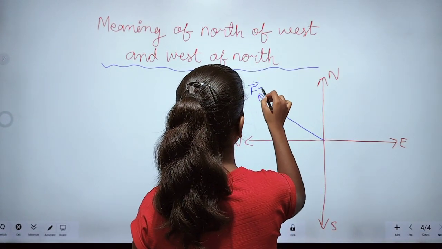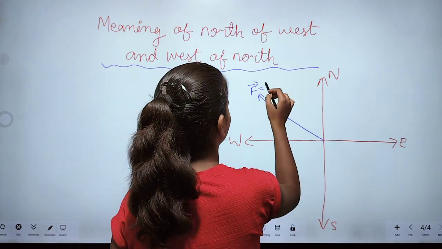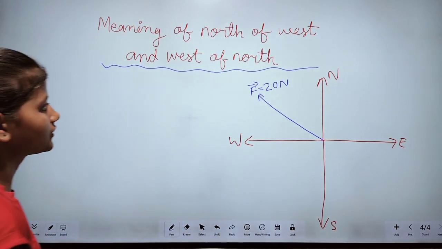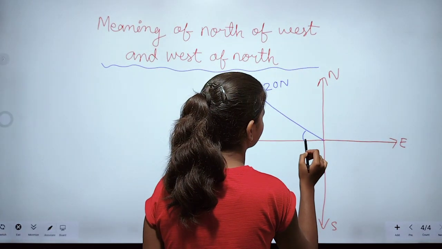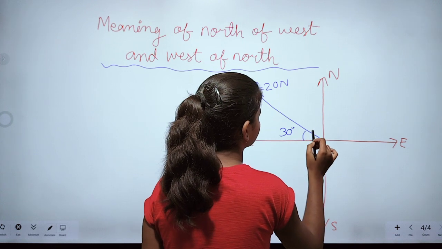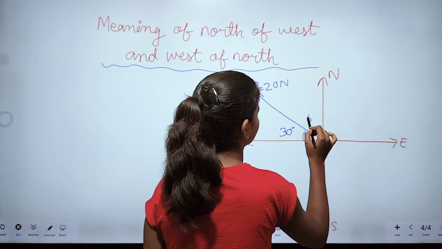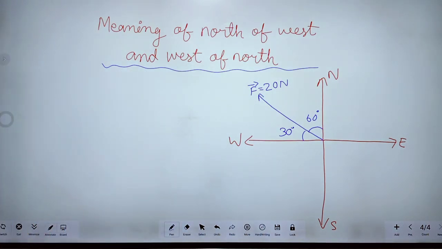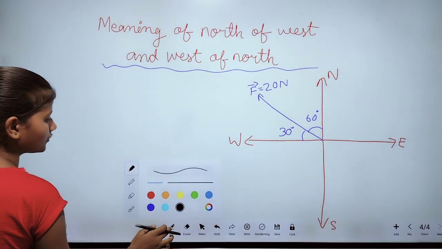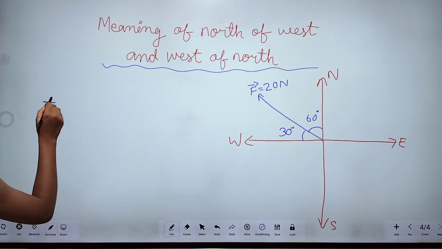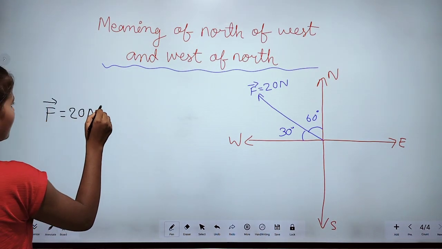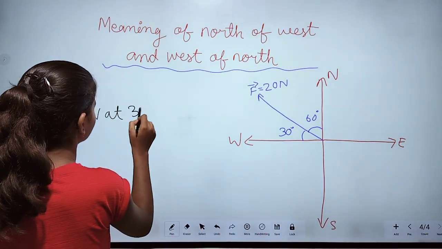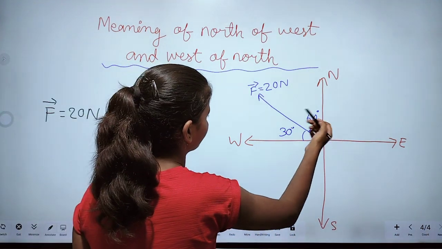So the vector is equal to 20 Newton, and this angle is 30 degree and this angle is 60 degree. Now we write like this: vector is equal to 20 Newton at 30 degree north of west.